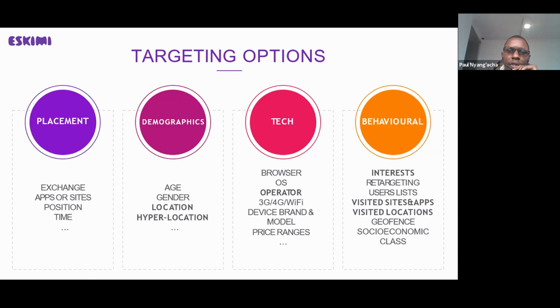We can target based on the device, brand and model, and price ranges. Also on the behavior, target based on the intent, that's interests. We can also do retargeting, target based on who has visited a site or an app, visited particular locations, geofence, and socioeconomic class. Yeah.